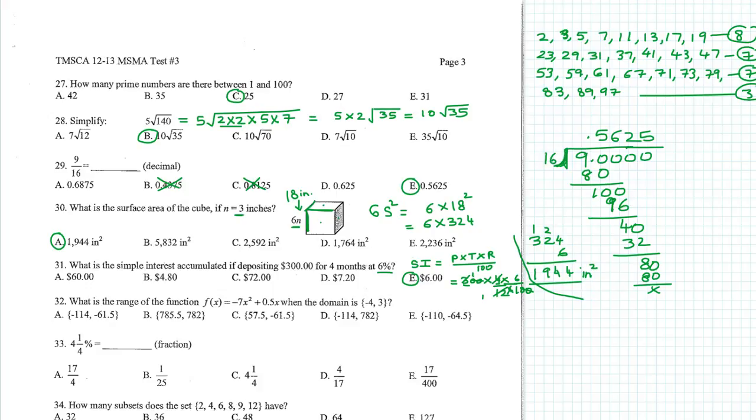Question 32. What is the range of the function f of x equal to minus 7x squared plus 0.5 times x when the domain is minus 4, 3?